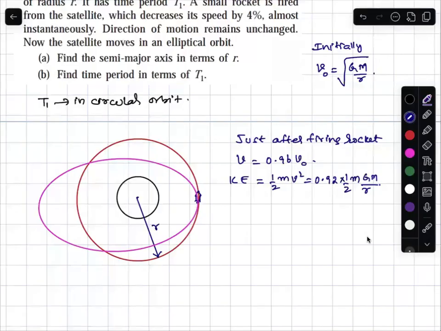Now that is the kinetic energy. The potential energy is the same as old, minus G capital M small m by R. So what is the total energy? Kinetic energy plus potential energy.